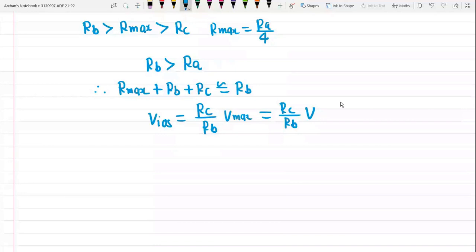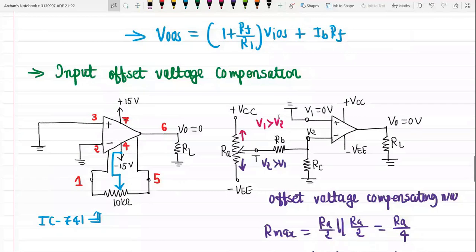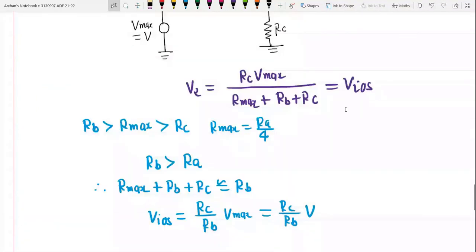Now the question is how we are going to design this compensation network. To design this compensating network, we need to follow certain steps, which are known as design steps.